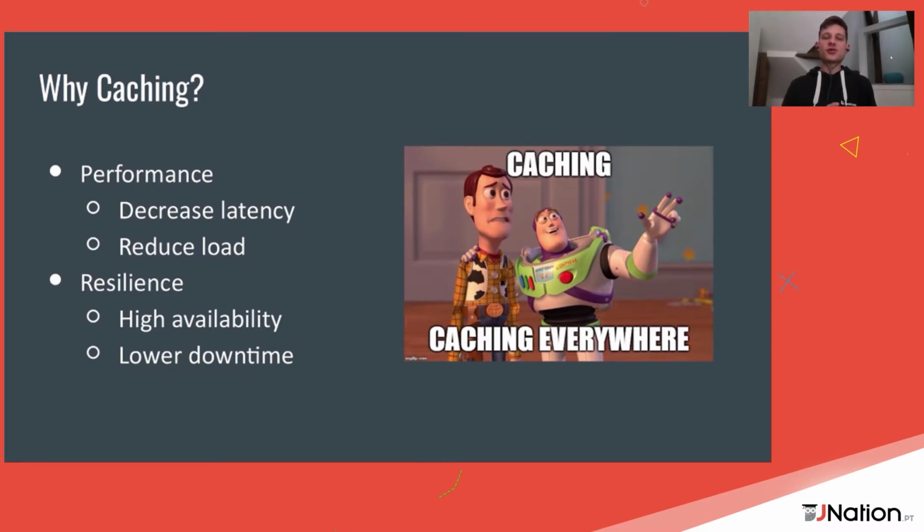The second reason for caching is maybe a little less obvious, but it's also a very valid case, which is to increase the resilience of our system. It won't be for every system, but sometimes, even if your system is down, you can provide a cached value and the user may not even realize.